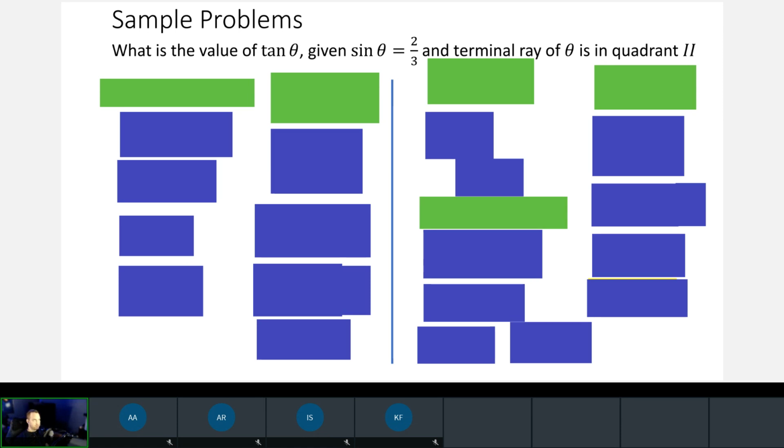Anybody else? Same, okay. Emily's not sure. So if you're having a hard time going backward, from the end to the beginning, you can just go at it and see if you can do work to get to where we're going.